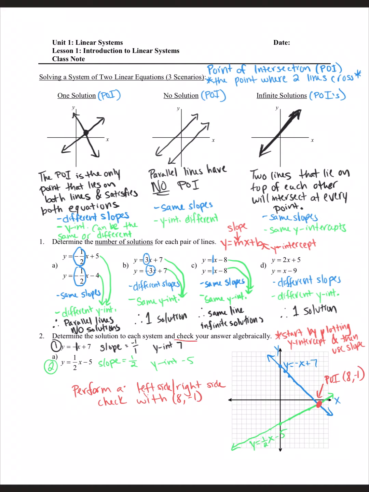And this is to check your answer algebraically. That's why we're doing that, is because we just want to make sure that we graphed okay, everything about our graph is accurate, and if we did so, then it should work out in each of the equations.